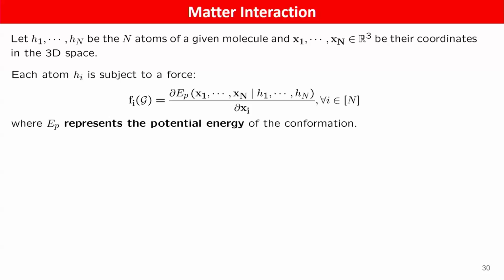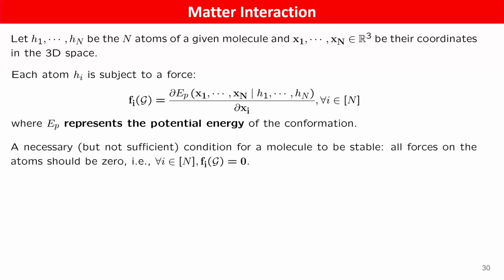The molecule would be stable if you add all these forces on the atoms, and whatever you get is zero, which means that the atoms wouldn't move. If the force is not zero, it means that the molecule is not stable, and the atoms would move away. So we had this oracle that could calculate the forces, that is, the differential of the energy with respect to the location.